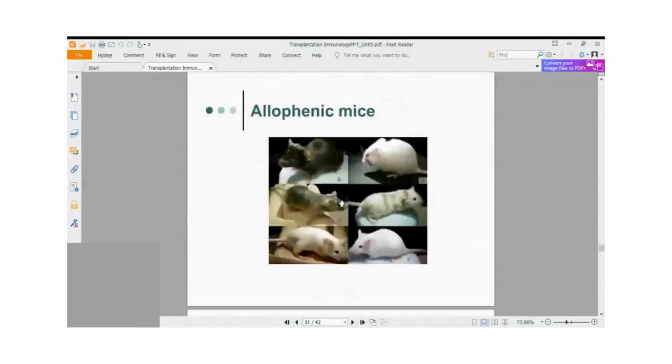And when the skin graft of that AB hybrid mouse is transplanted to A or B strain mouse, that is the parent, it is completely rejected. This AB is a genetic hybrid, because n chromosomes of A and n of B together make 2n.